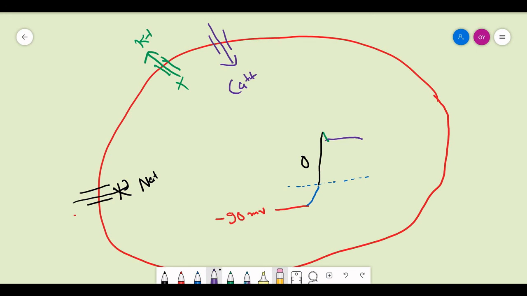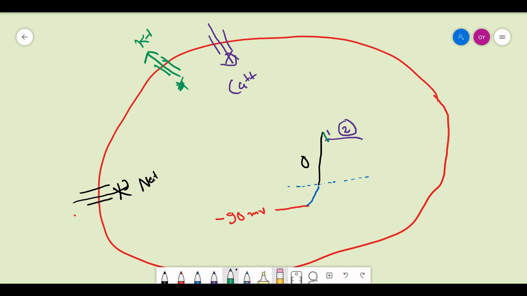Because of slow trickling of calcium, the membrane potential remains depolarized for long time, and this phase is called plateau phase. So this small depolarization is phase 1, this is phase 2 or plateau, and at the end of plateau now this calcium channel closes and this potassium channel opens again.